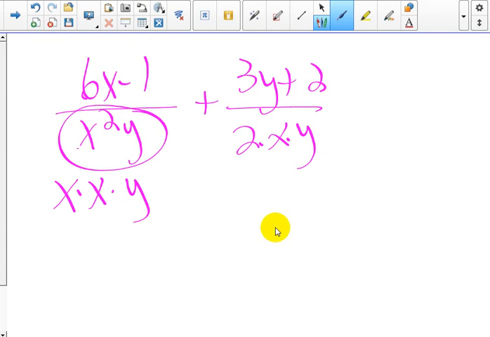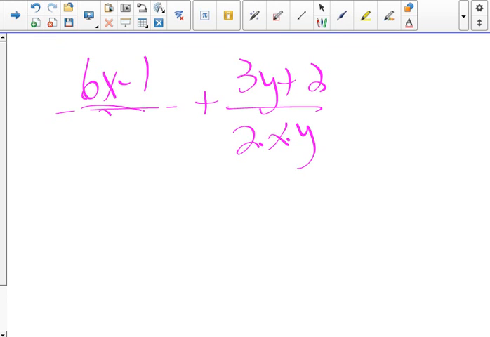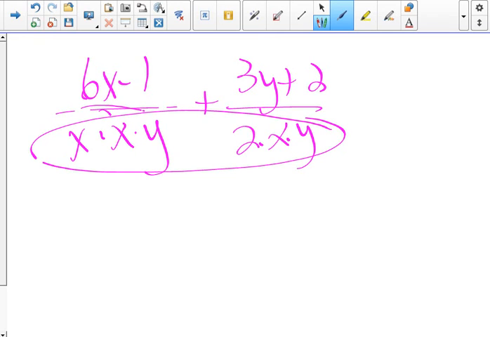All right, so what's your next step is to figure out what do these denominators have in common. Actually, just let me move this one out of the way. And move that up. X times y. All right, so what do they have in common here on the denominator?